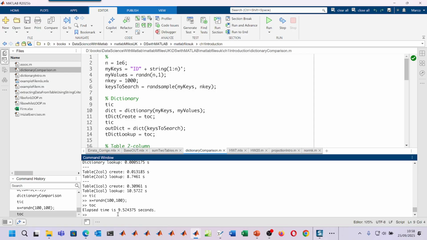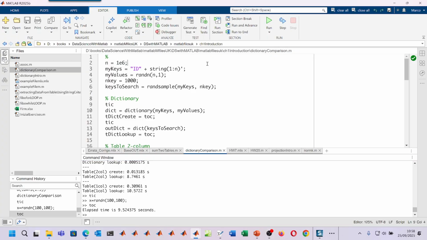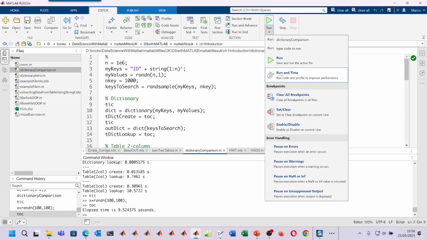So you put tic, a series of instructions, and then toc, and then you measure the computing time it takes. That's the idea. Or alternatively, in MATLAB, you have this run and time.